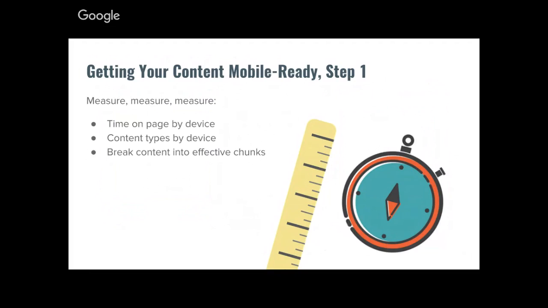You then need to use other UX measures and traditional UX testing to determine whether people like that content or find it frustrating. Then look at content types by device, because we can only talk about general things.